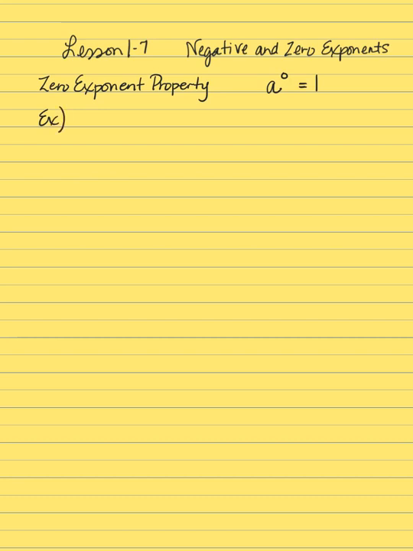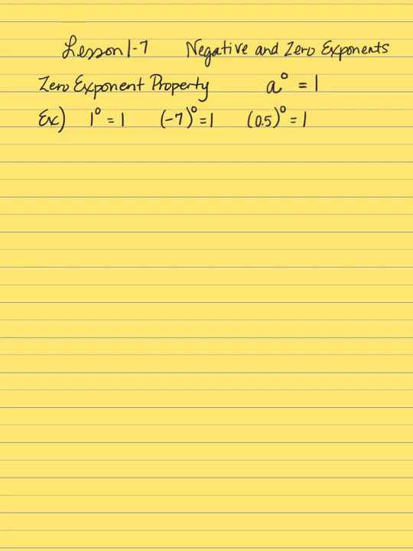So for a few examples, and this should be very simple because it's very straightforward, if I had 1 to the 0 power, that is equal to 1. If I had negative 7 to the 0 power, that is equal to 1. If I had a decimal like 0.5 to the 0 power, that is equal to 1.